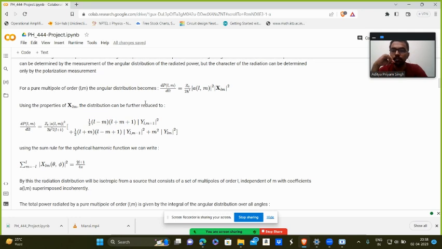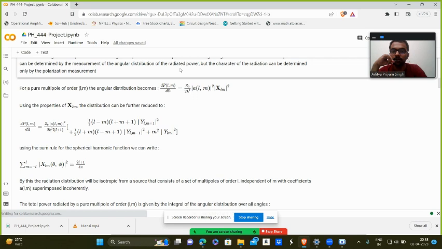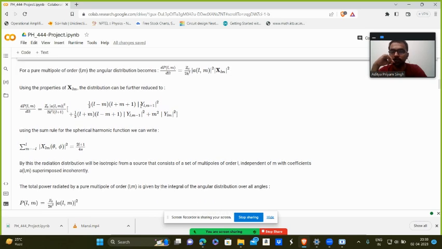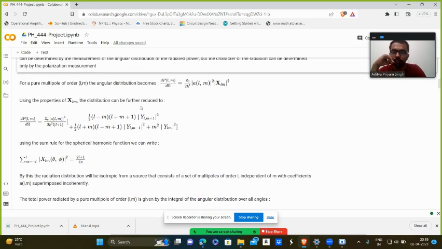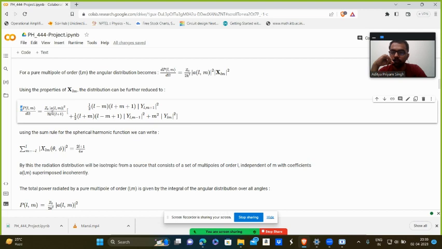For a pure multipole of order L, M, the angular distribution is reduced to this equation. Further on, using the properties of X_LM and the property of L dot Y for different cases of L plus and L minus, we can further expand this equation to this form.